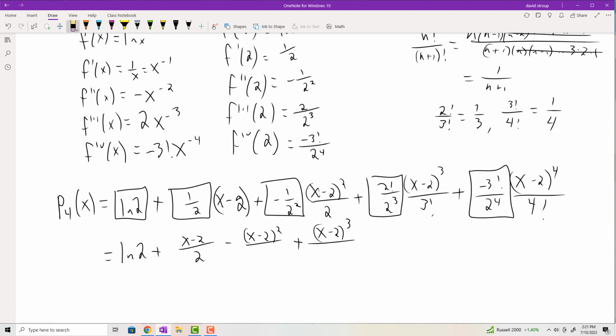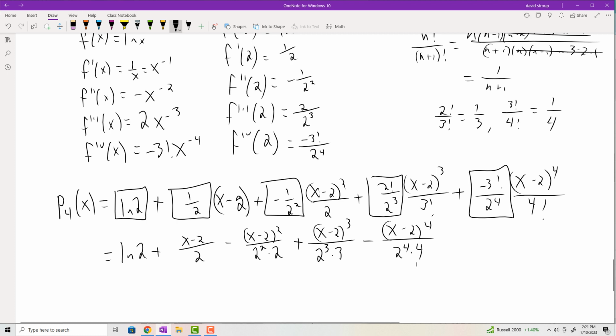And it's probably been better not to write 2 cubed, just rather write 2 squared times 2. And then this next term would be 2 cubed times 3 factorial, minus x minus 2 to the 4th all over 2 to the 4th. Oops, those factorials are canceling out, sorry. Times 4 factorial. Just 4.